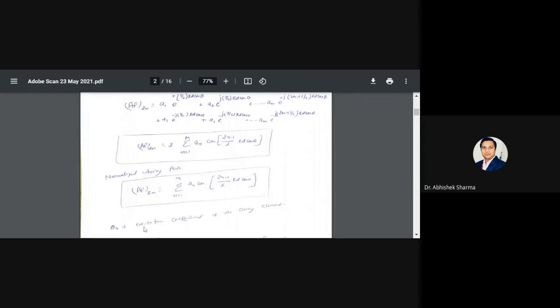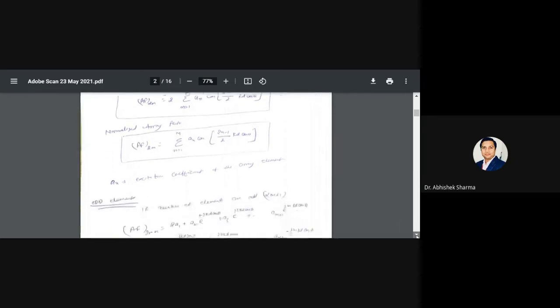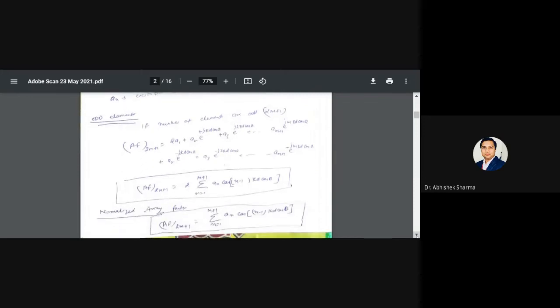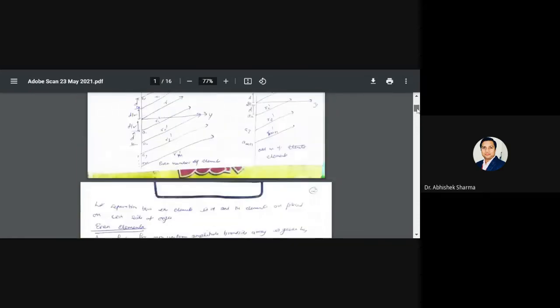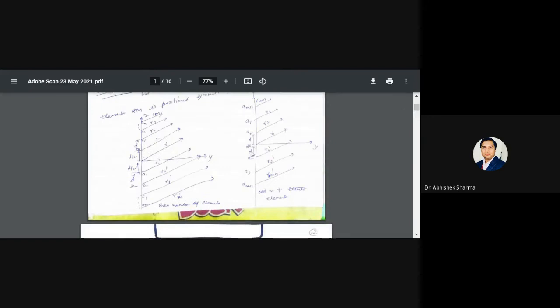This is the amplitude excitation coefficient. Now this one was for an even number of elements. So similarly, we can find it out for an odd number of elements. It will start from twice a1, because here you can see that at the origin we have 2a1.